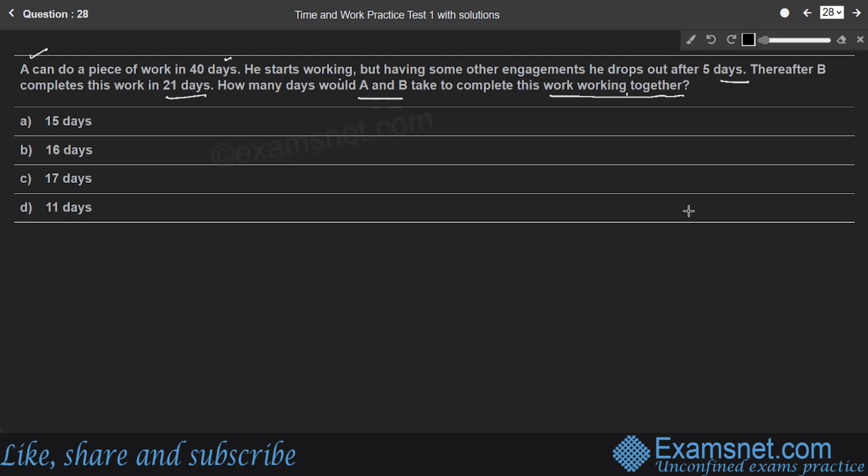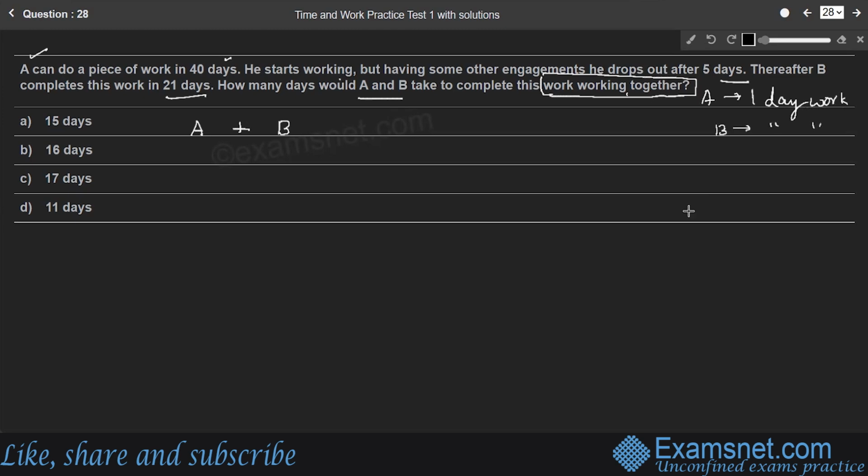Whenever the question is given like this, if they start working together, if 2 or more persons start working together, always you have to consider the sum of their 1 day work, right? So here are 2 persons, so A plus B. Here A represents A's 1 day work, and B represents B's 1 day work.